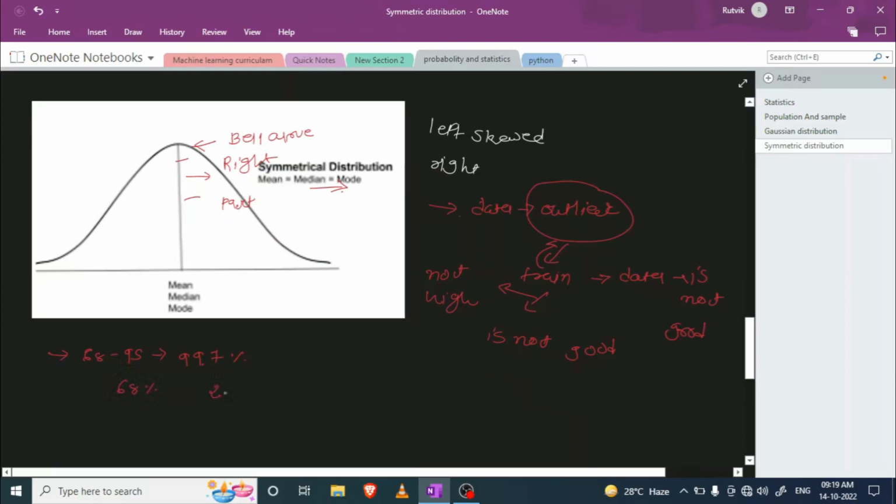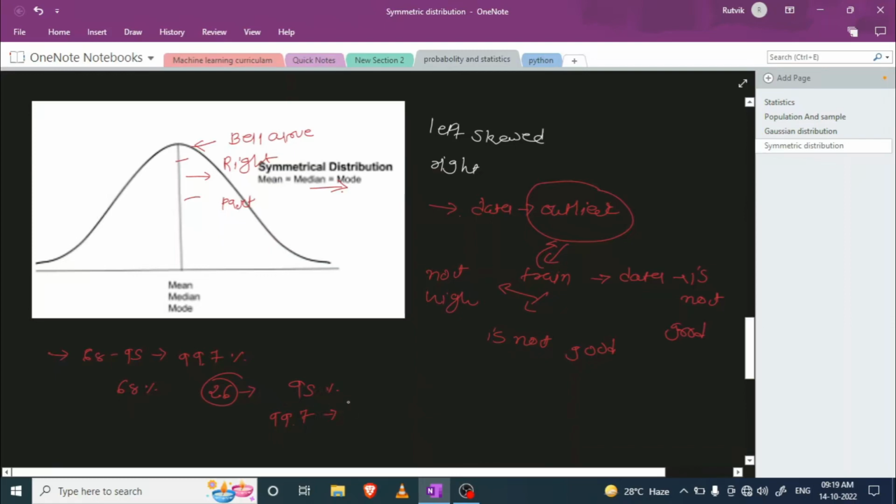The second standard deviation covers 95% of the overall data set. If a particular column follows a Gaussian, normal or symmetric distribution, then the third standard deviation covers 99.7% of the data.